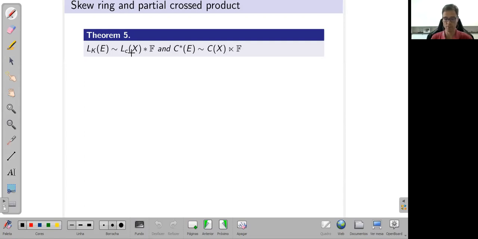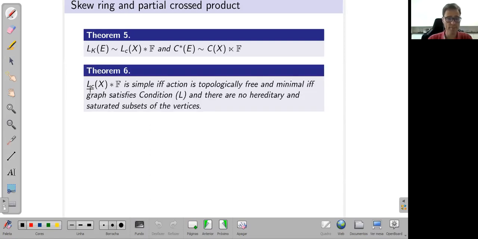You can see these algebras as groupoid algebras. But once you have this, you have all the tools from partial action theory, and you can derive some results. For example, we can prove that the Leavitt path algebra associated to a graph is simple if and only if the action is topologically free and minimal.